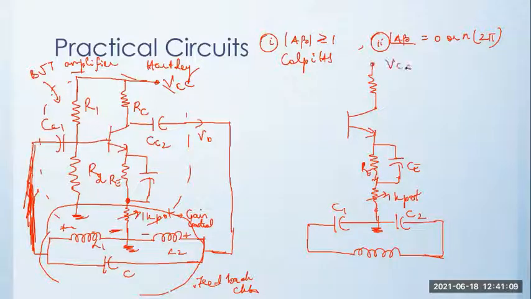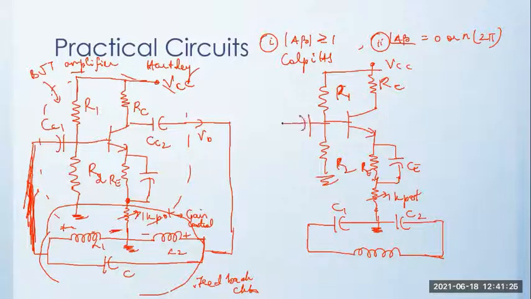As usual, VCC, RC, and the biasing resistors R1, R2, and then the input coupling capacitance CC1, or whatever you want to call it, and output coupling capacitance CC2. The output signal is brought back and fed as input to this feedback circuit.